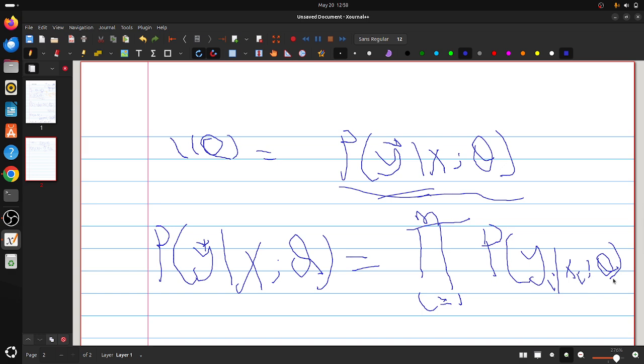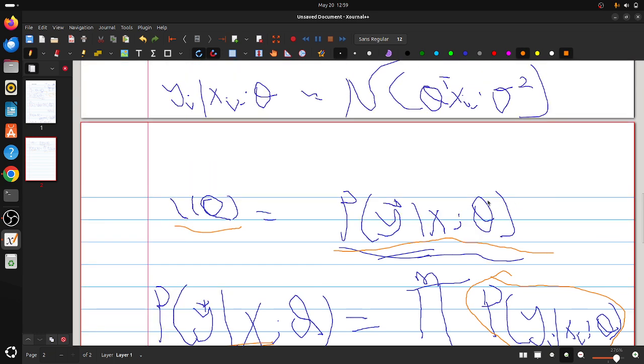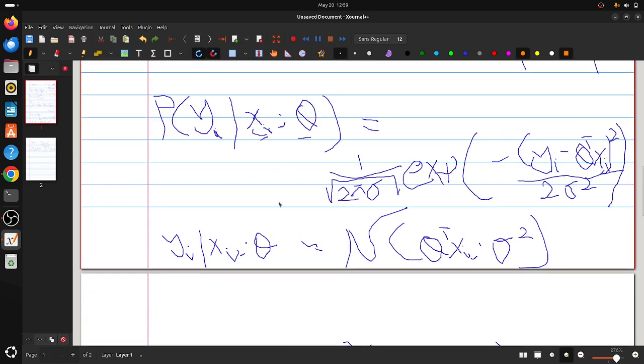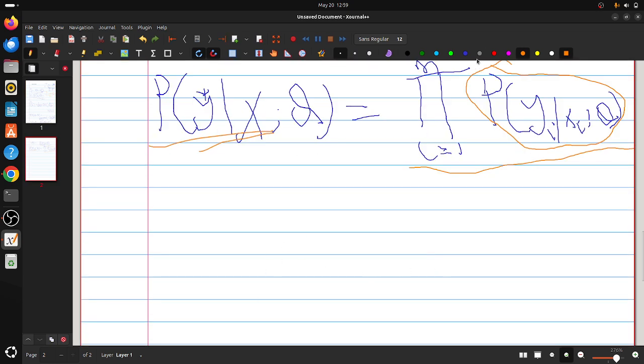So we said the likelihood of parameter theta is equal to the probability of all the observations, which is given by the product of all the probabilities. But we know the value of this from there, so we substitute that value.